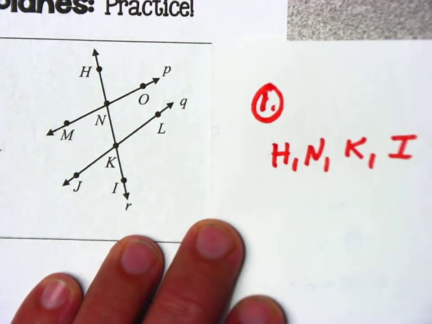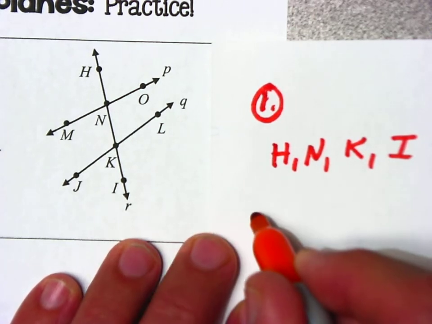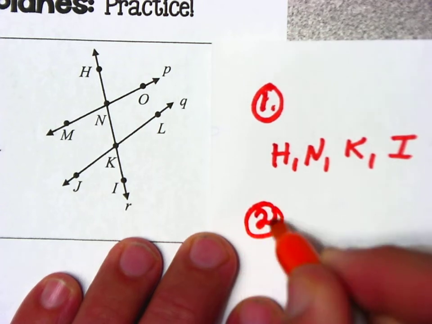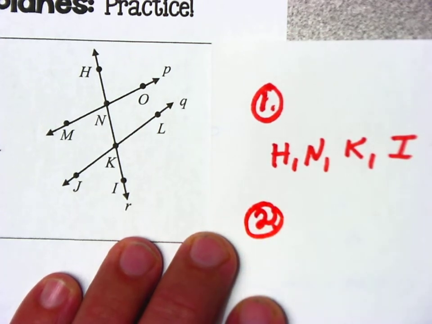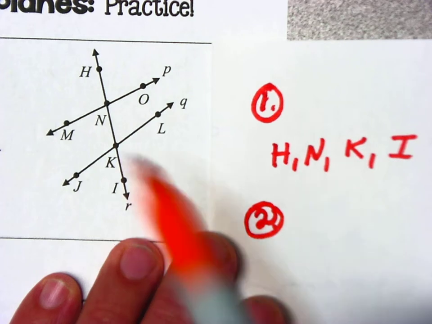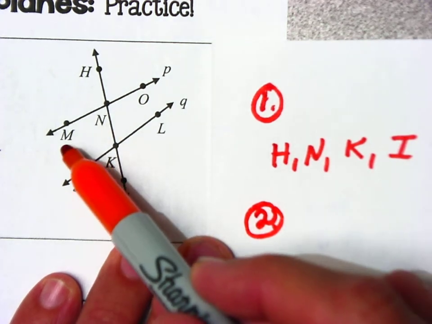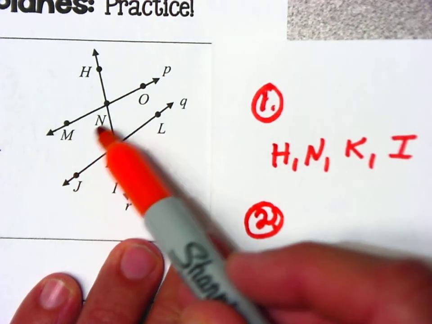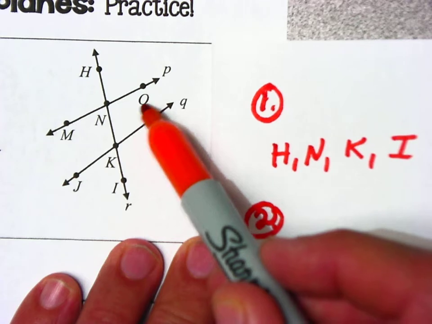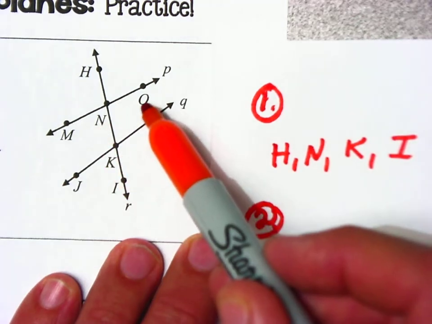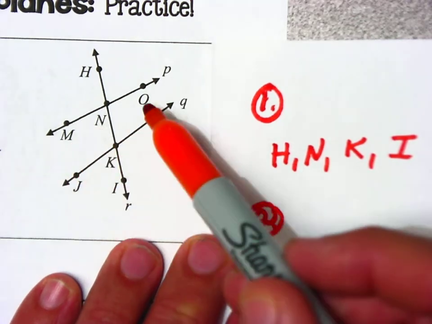All right, the next question is, find me a line that contains point M. Okay, so this is question 2. When you name a line, you need to pick 2 points that are on it. Look, that contains M. So M and N are on that line, M and O is on that line, even N and O is on that line. So I can pick any of these 2 points.